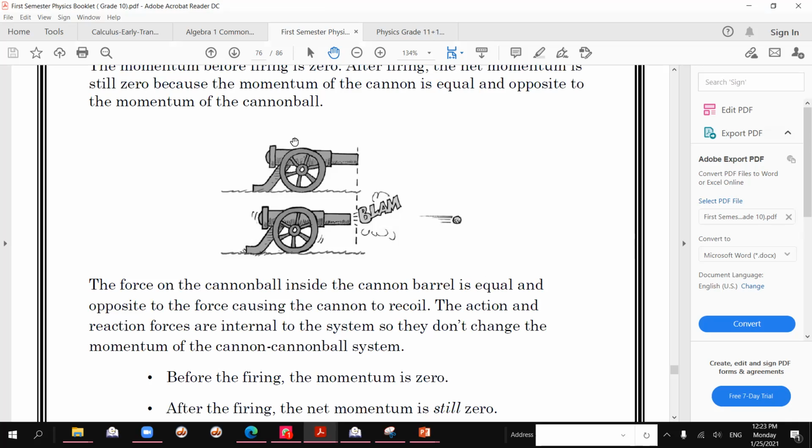Here, this picture here is before momentum. The cannonball is inside the cannon. But after that, when the cannonball is going forward, when it makes a blam, there's something that's going to the back.